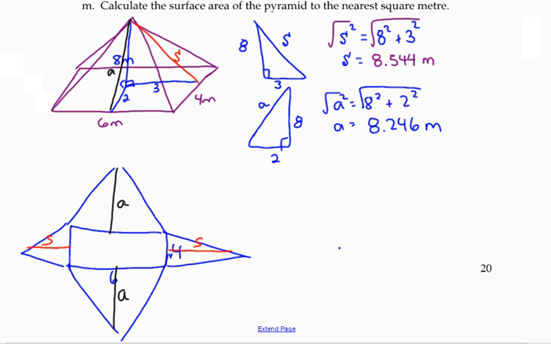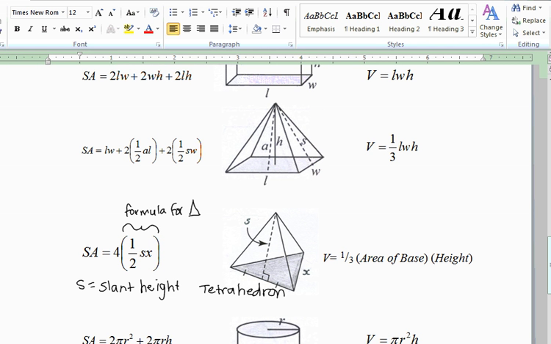Okay, so now can we find our surface area? Do you want to use the formula that's on the formula sheet? The one on the formula sheet is the simplified one. Let's use the simplified one. Just cancel those out. So we just need to know the L and then W, right?